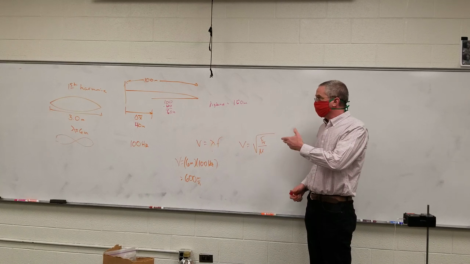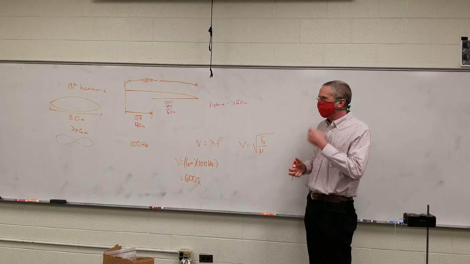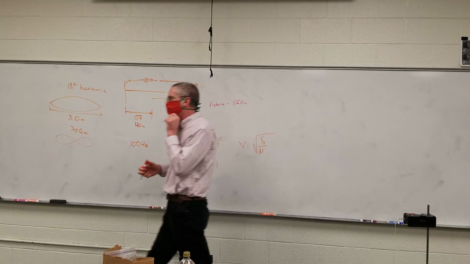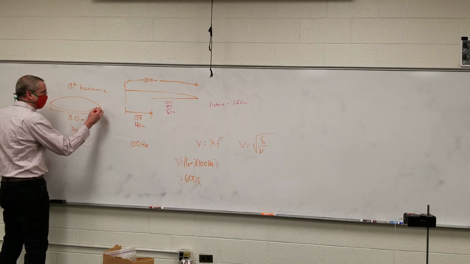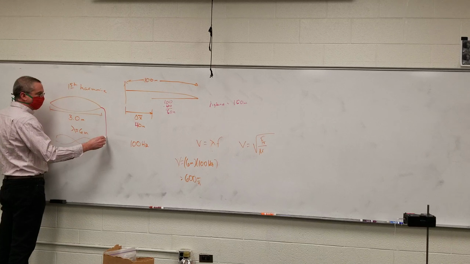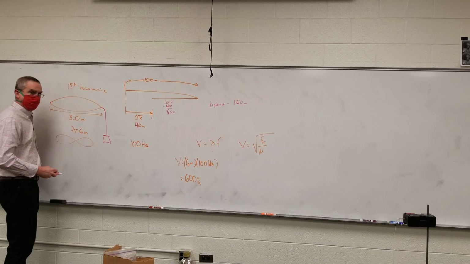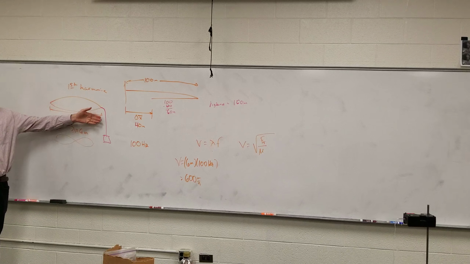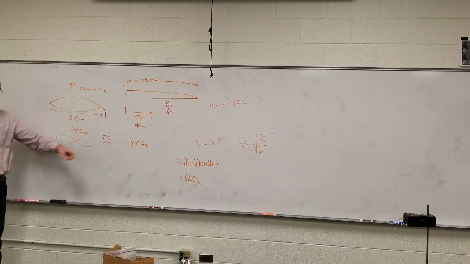So once we have the speed, then it's a question of tension, because I gave you how much mass was hanging off the end of the string, because this is hanging off of a pulley here, and I had a certain amount of mass there. If that's in equilibrium, the tension has to be equal to the weight of the object.